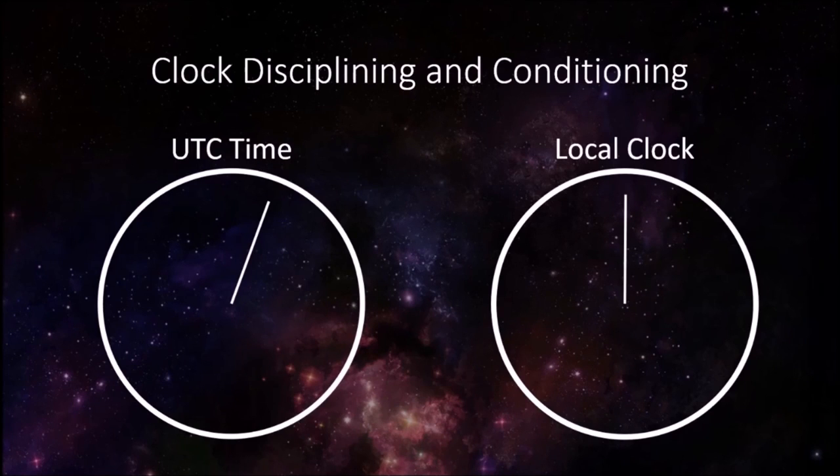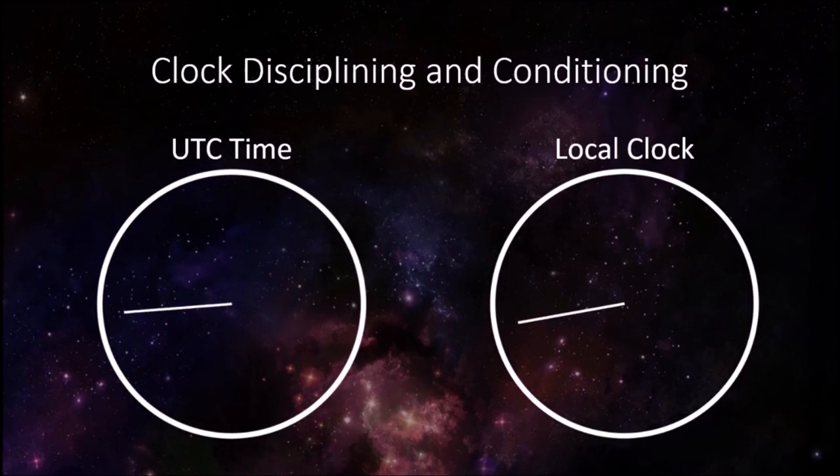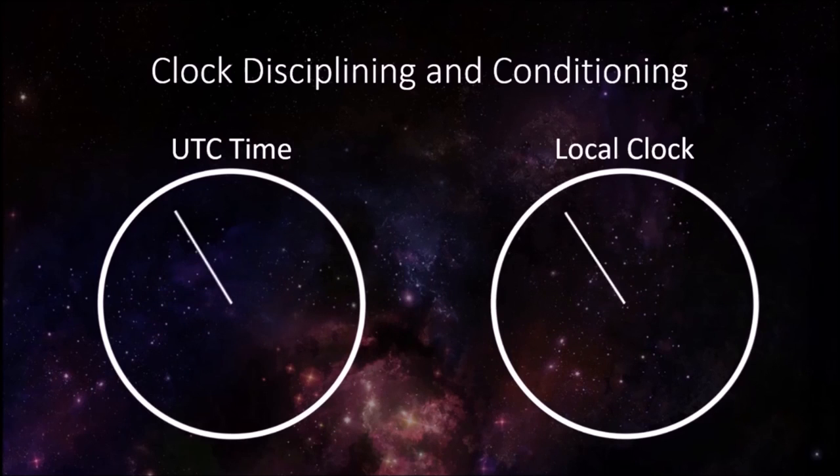For instance, a timed certificate could be used twice if the clock was set backwards in time. Instead, Windows Time Service adjusts the clock frequency up or down in order to approach the correct time, like the local clock is catching up with the UTC time below. This is called conditioning, or disciplining the clock.